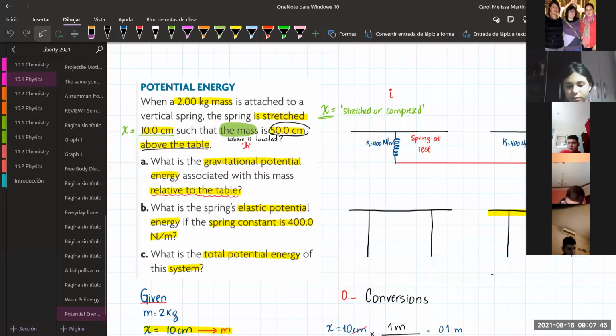For example, if I say a spring is compressed 20 centimeters and the mass that is attached to the spring is 2 meters above the ground. What is X and what is H?